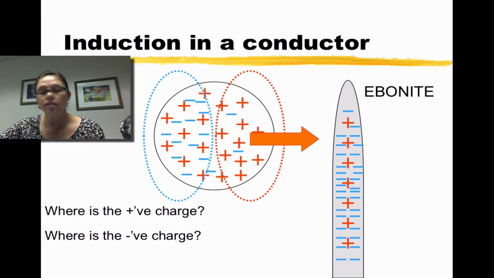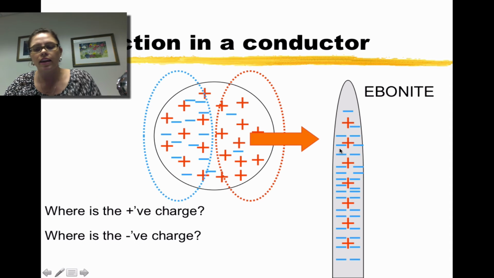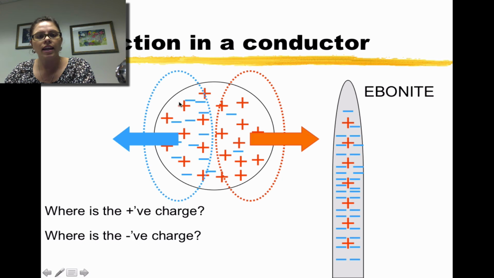So if we look at the forces on this ball, this positive side is attracted to the negative ebonite, and this negative side is repelled by the ebonite. But since this negative side is further away, it actually has a weaker force, because the further away we get, the weaker it is.